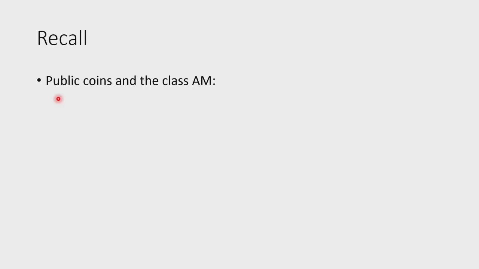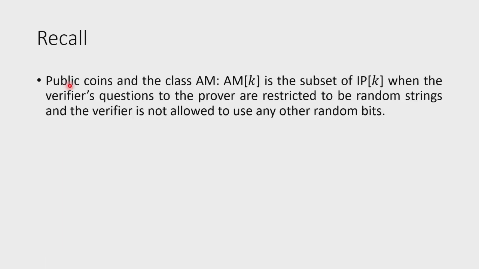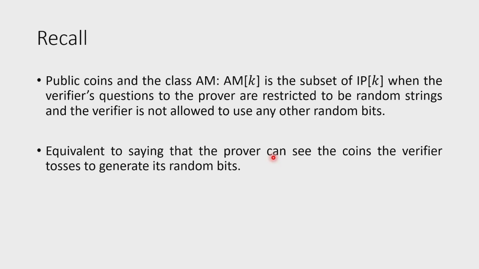That is, the prover knows the verifier's randomness. So class AM[k] is the subset of IP[k] where the verifier's questions to the prover are restricted to random strings and the verifier is not allowed to use any other random bits. This definition is equivalent to saying that the prover can see the coins that the verifier tosses to generate its random bits.